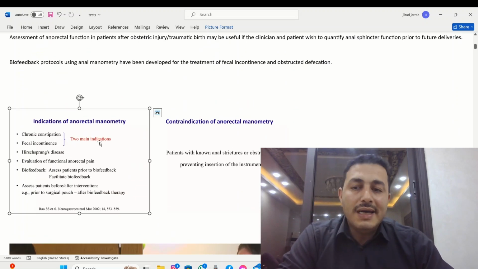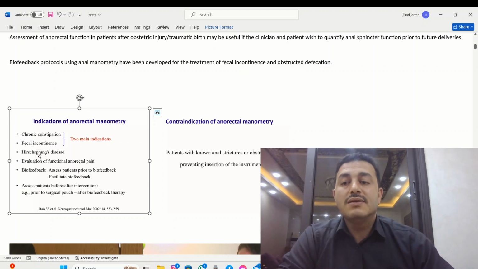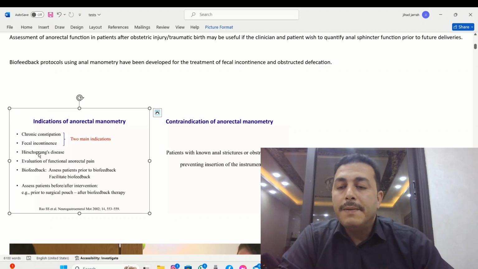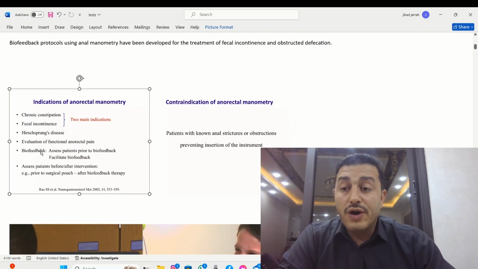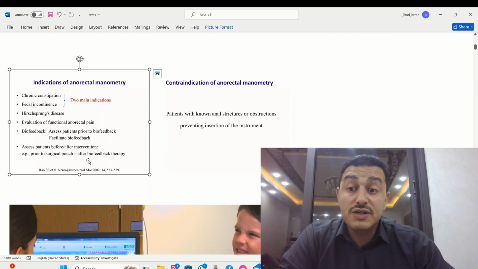Also, the main indications for anorectal manometry are chronic constipation, fecal incontinence, Hirschsprung disease, and we will see how Hirschsprung is reflected in anal manometry, evaluation of function in anorectal pain, biofeedback, which is shown here, and assisting patients before any intervention such as, as we said, rectopexy, hemorrhoidectomy, fistulotomy in a high-risk patient.